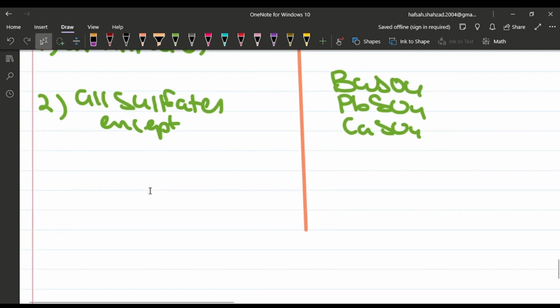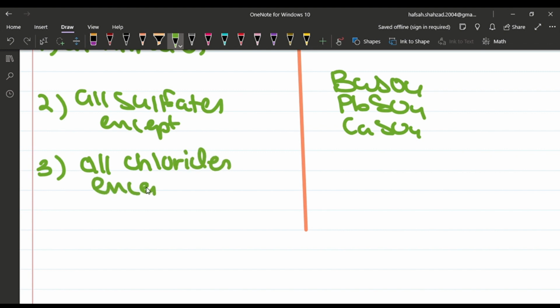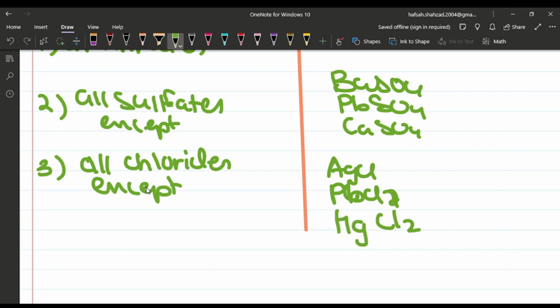Now we have chlorides. Again, all chlorides are soluble, except some exceptions like silver chloride, AgCl, lead chloride, PbCl2, and lastly mercury chloride.